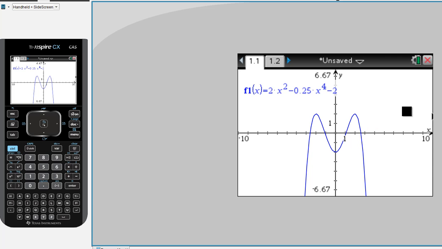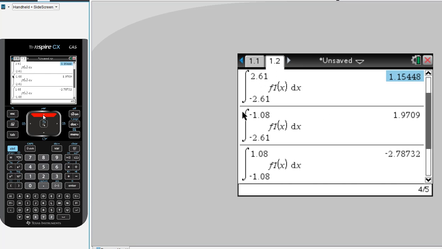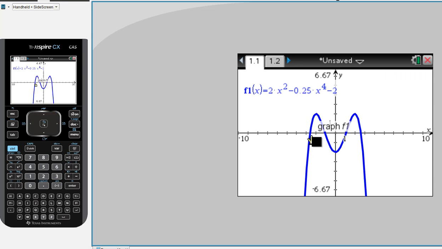To get the total area, we have to add up the three different parts. This is one part. The second part, of course, ignore the minus sign. And then the third part. So what happens when we find out the integral from minus 2.61 to 2.61, from here to here, it takes this and then minus this plus this.